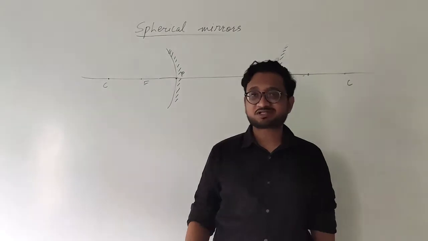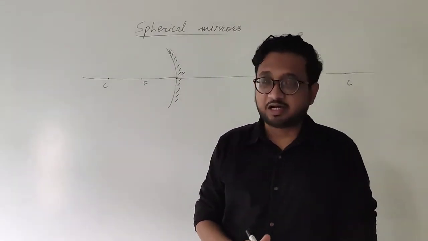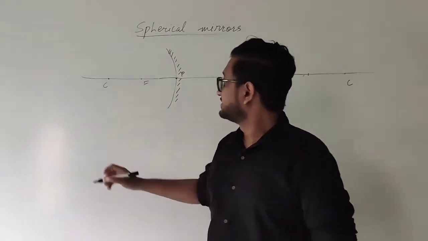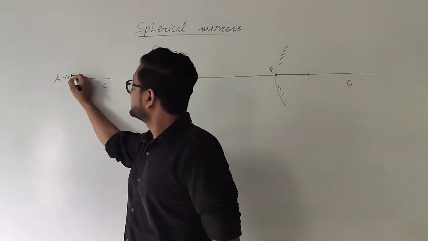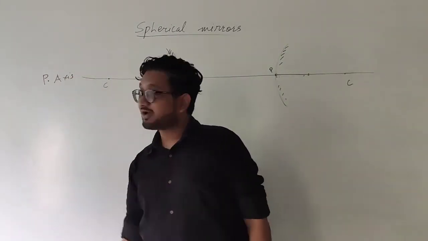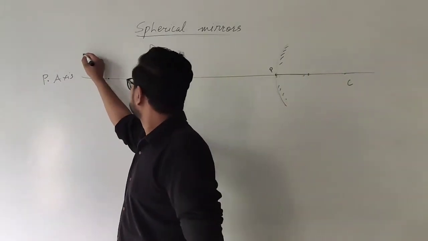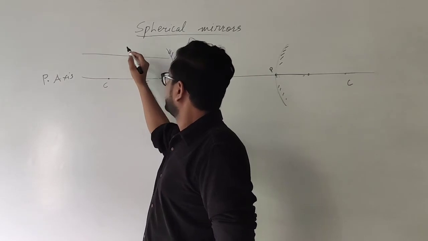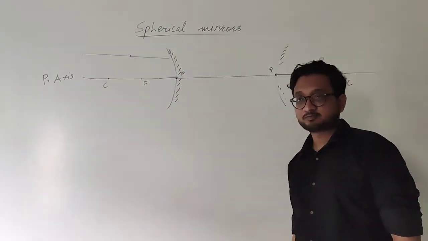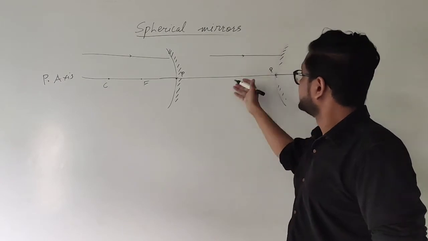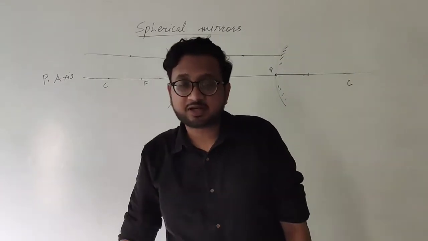Okay, so the first case: when a ray of light is parallel to the principal axis. This is our principal axis. When a ray of light is parallel to this axis, let's say there is a parallel ray of light approaching the mirror. In this case as well, it is approaching the mirror parallel to the principal axis.